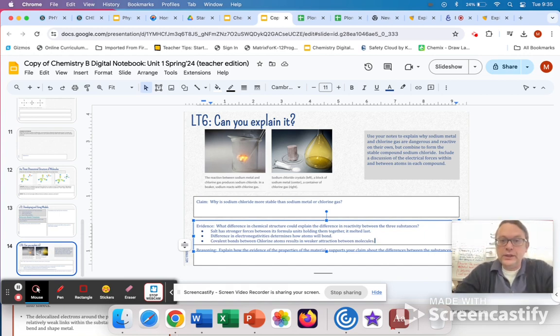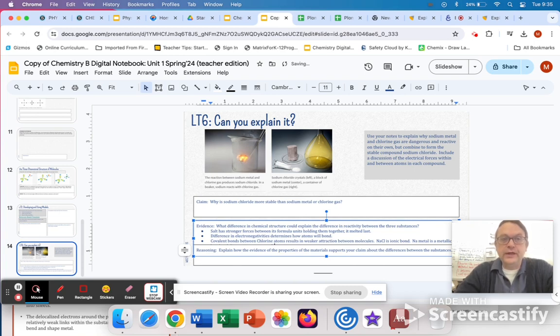Of course, and then the sodium chloride is an ionic bond. That's another key piece of evidence there. And sodium metal is a metallic bond, and those atoms can move freely.